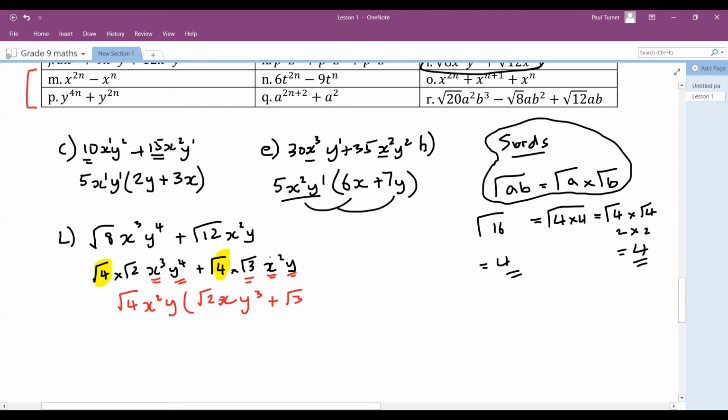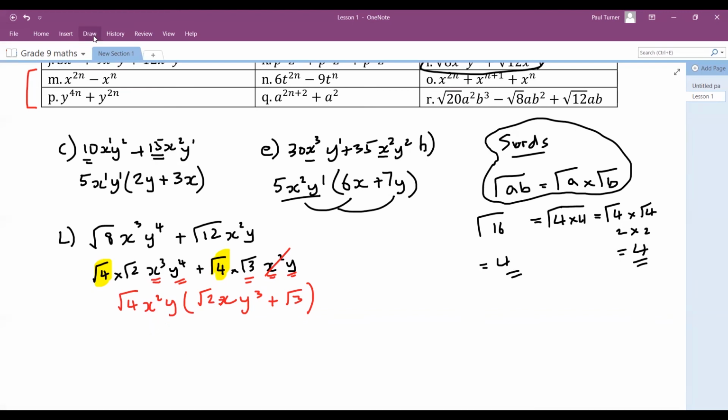X squared is gone. It's out already because it's in the front. Now you've got a y and a y. So then your y is gone as well then. Like that. Is that correct? If not, let me know. Call out or something, or send a message.